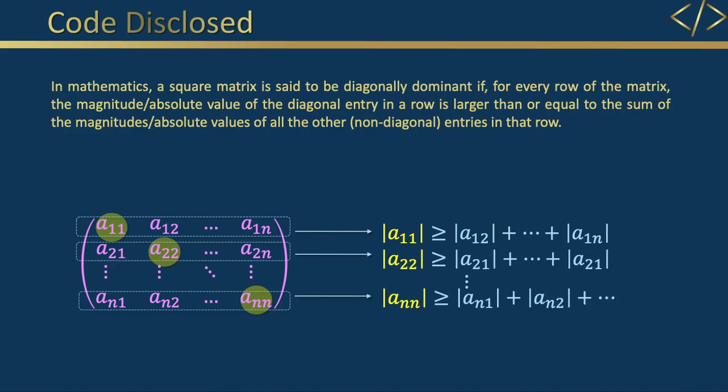We need to do that for every row of this matrix. If each row satisfies this condition, then this matrix is said to be diagonally dominant.